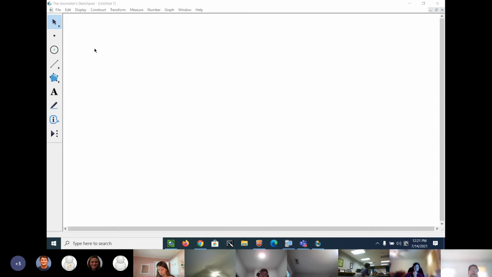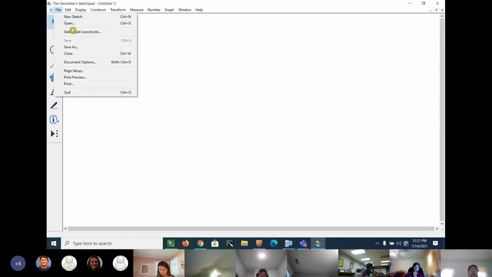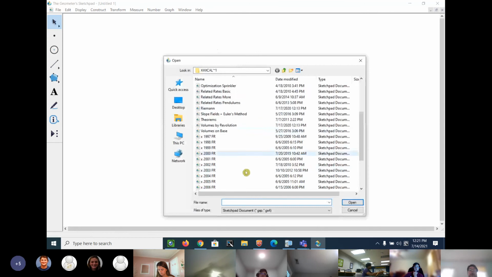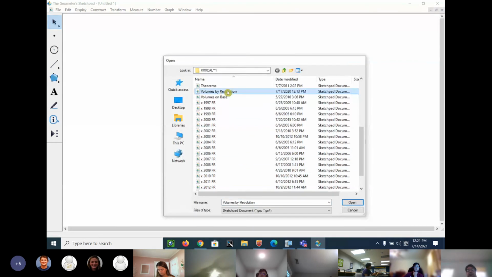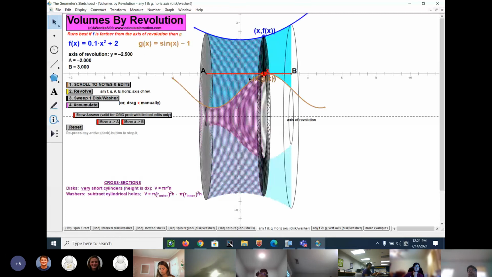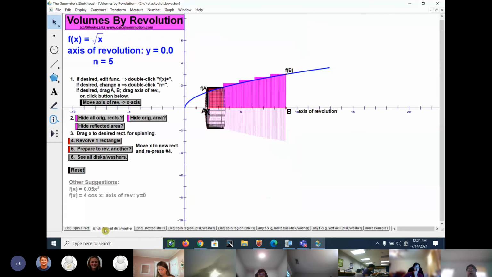All right, so here is a, open. The next step, besides the area between 2 curves, is volume. And here is an example of what we call a disk.